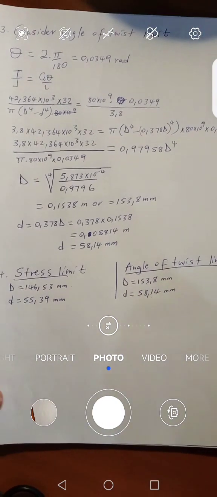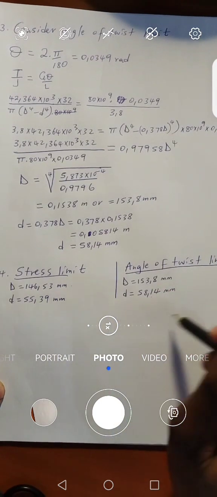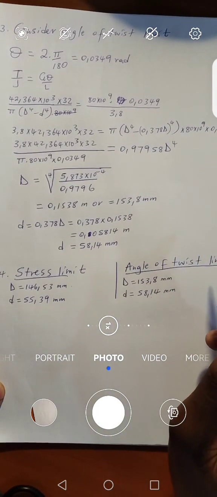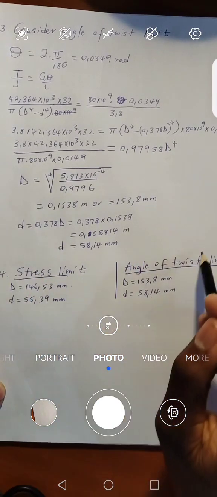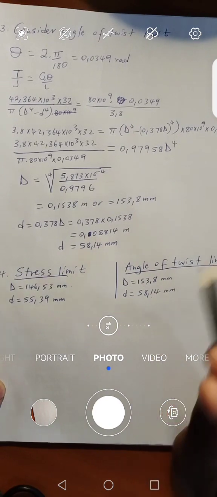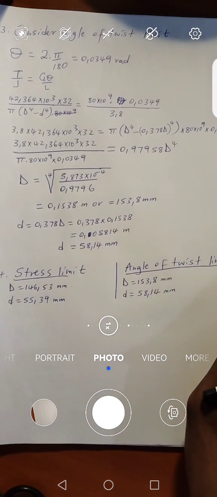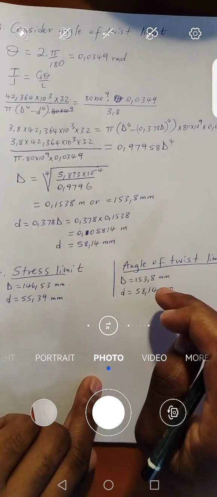So that's how you must check the correct one that will satisfy both conditions. Between these two, it will always be the one with the bigger diameters. So the bigger the diameter, the better resistance when it comes to shear stress.